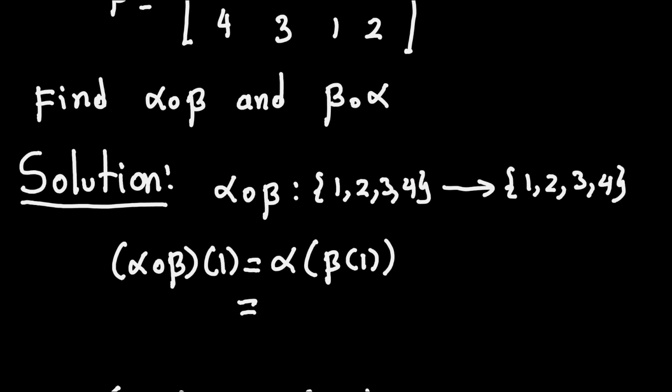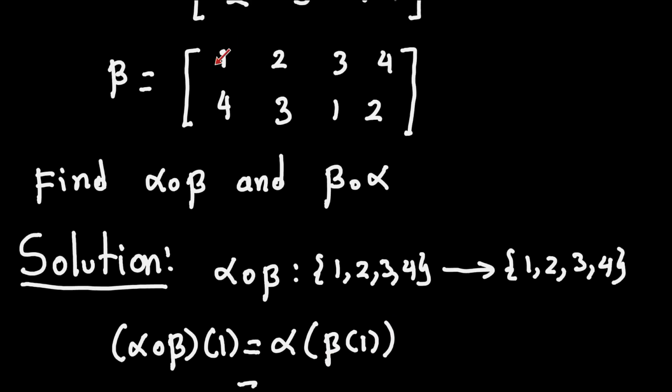So let's check that for the number 1. What is alpha composed with beta applied to the number 1? By the definition of composition, that is alpha applied to beta of 1. Now this beta of 1, we can read from the array that is here. Beta of 1 is asking what is the image of 1 under beta.